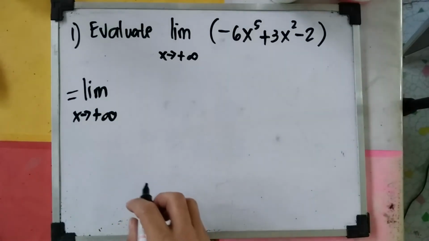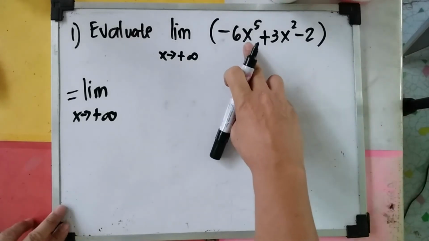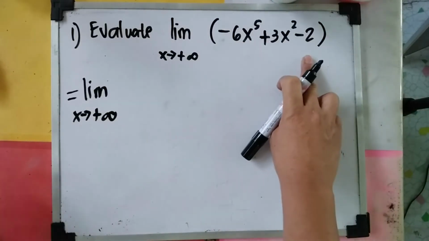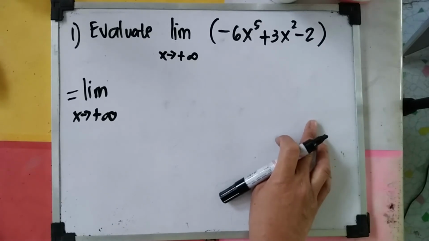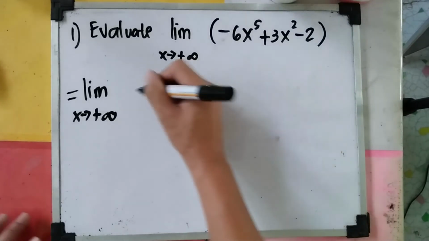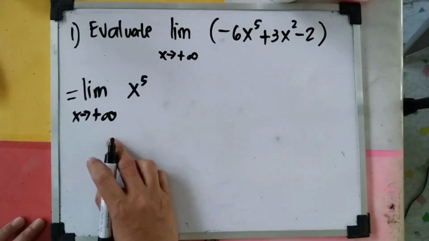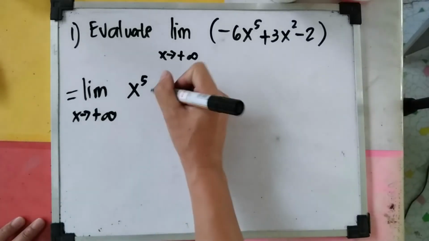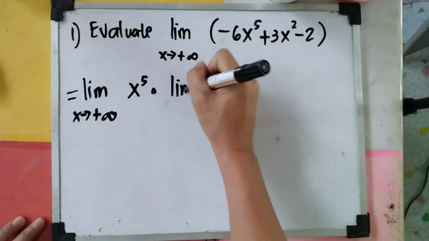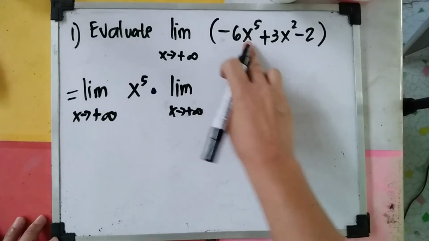What we're going to do now is, ilipat natin yung pinakamalaking exponent dyan. Sino ang pinakamalaking exponent dyan? Di ba x to the 5th power? Tama? So it becomes limit of x to the 5th times the limit of, as x approaches positive infinity, kinuha ko yung pinakamalaki.